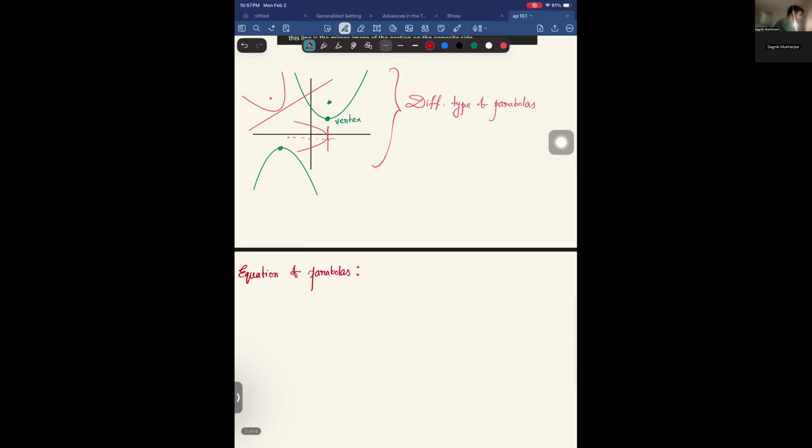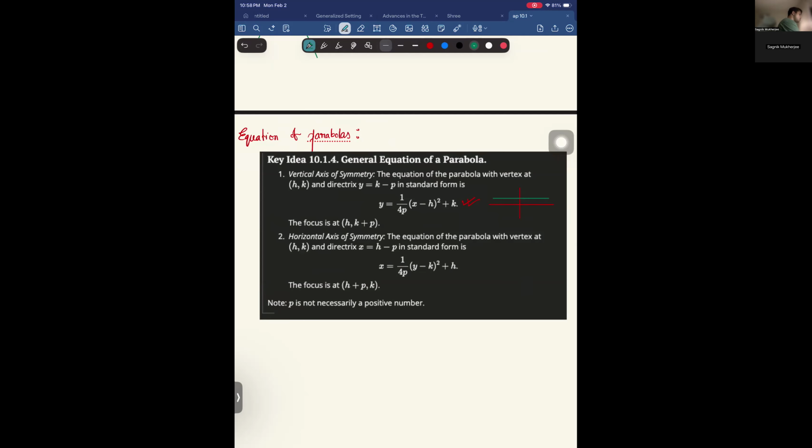As you can see, the first equation, this is for a vertical parabola, meaning that the directrix is parallel to the x-axis.